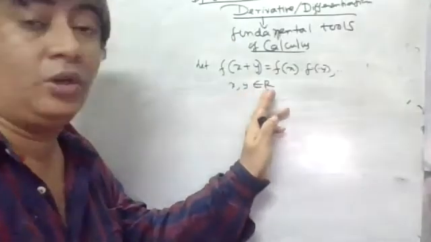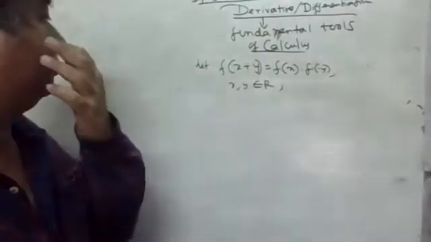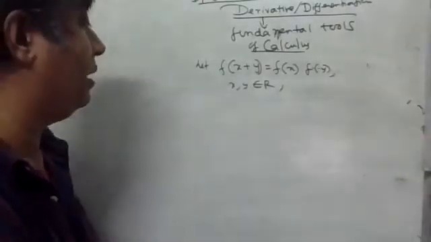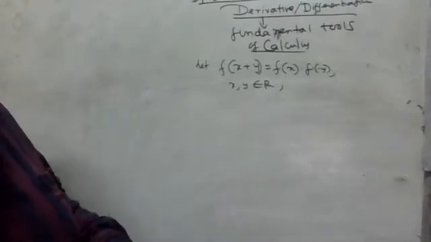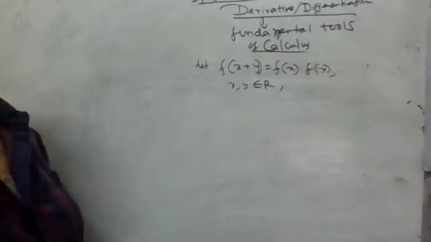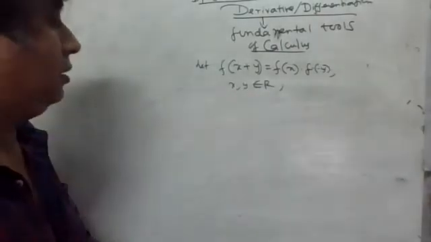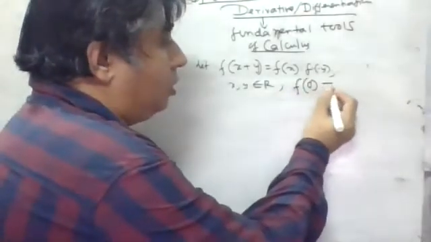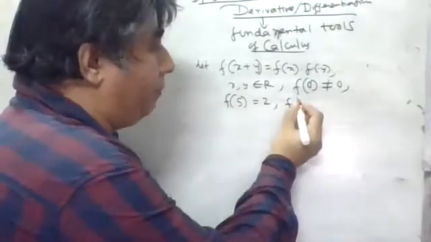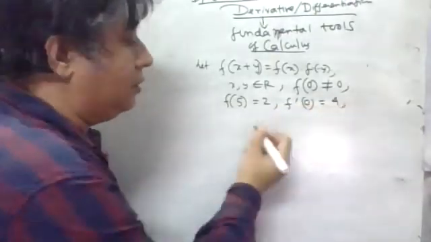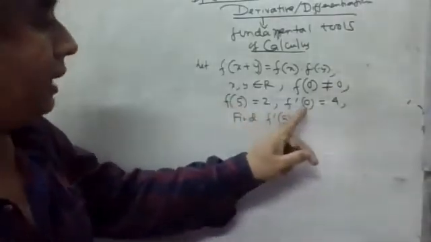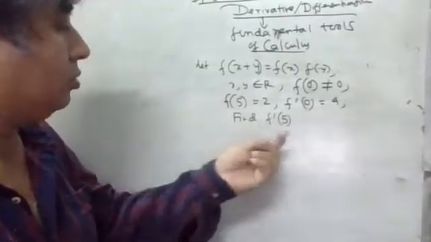Must observe the condition. f0 not equal to 0, f5 is equal to 2 given, f dash 0 is 4 given, and you are told to find f dash 5.